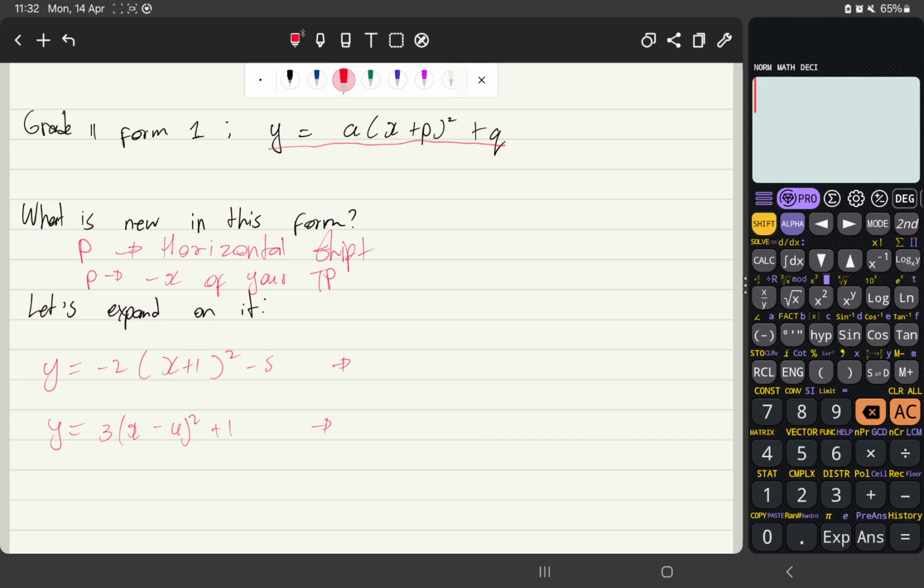Yes, it's going to be the negative x value of your turning point. And I guess this helps with the negative x.